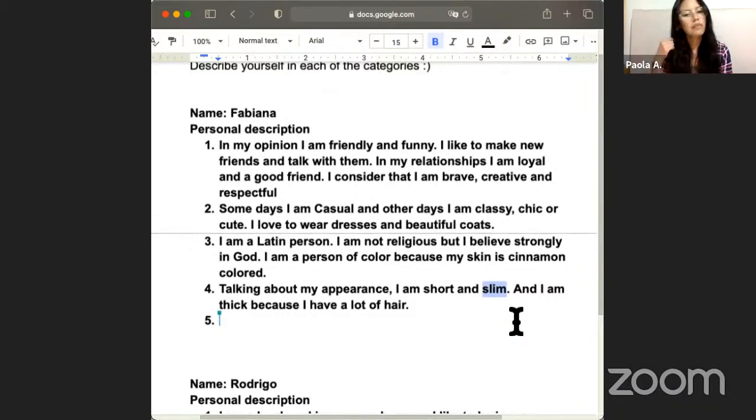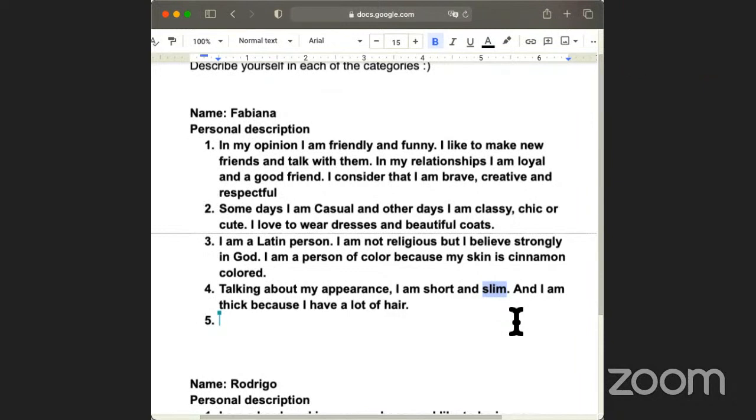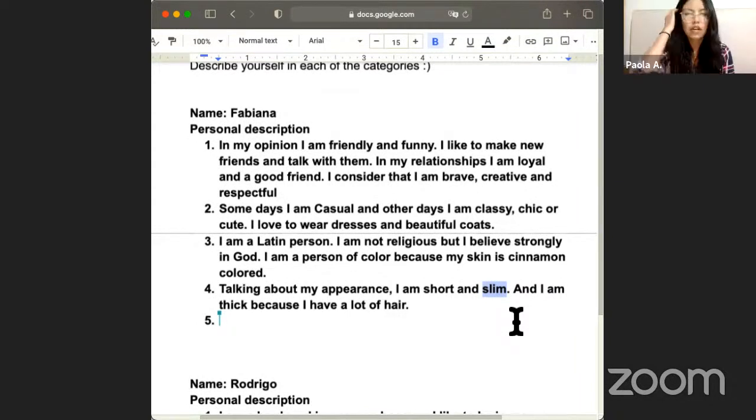And you can say maybe your hair is thick. No, it means like it's thick, no, grueso. However, when you talk about thick to describe yourself, you're saying like you're not fat, but you're thick. I don't know if you understand.